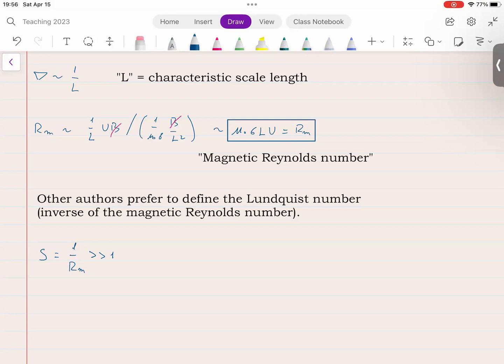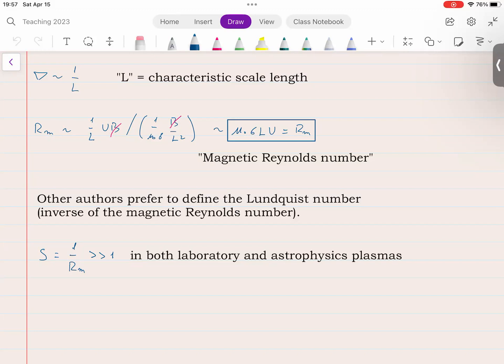In fact, in both laboratory and astrophysics, whereby astrophysics, space physics, solar physics, this is in general a large number. Unless the plasma is really special, the resistivity of the plasma is negligible.